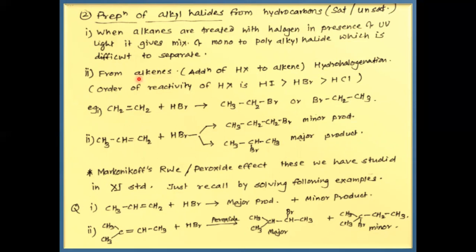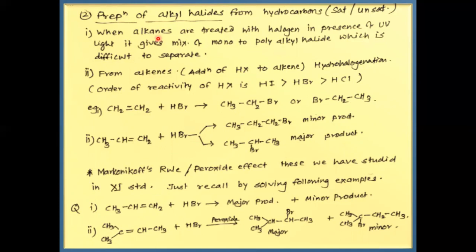Now, preparation of alkyl halides from hydrocarbons, saturated and unsaturated hydrocarbons. When alkanes are treated with halogens in presence of UV light, it gives a mixture of mono, di, tri to polyalkyl halides, which are very difficult to separate from each other.